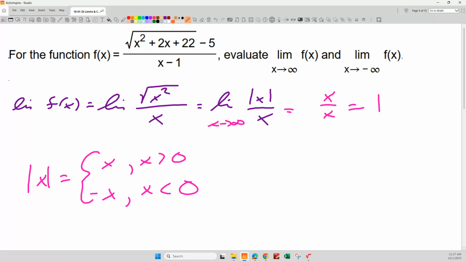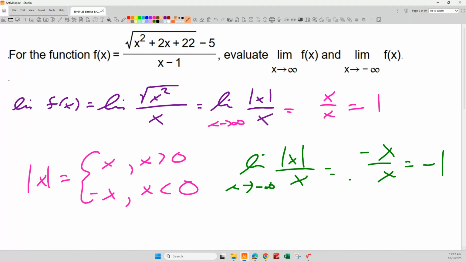How about the limit of the absolute value of x over x as x approaches negative infinity? Now, if x is negative valued, its absolute value is the opposite of itself, right? So it's going to be negative x over x, which is negative 1.